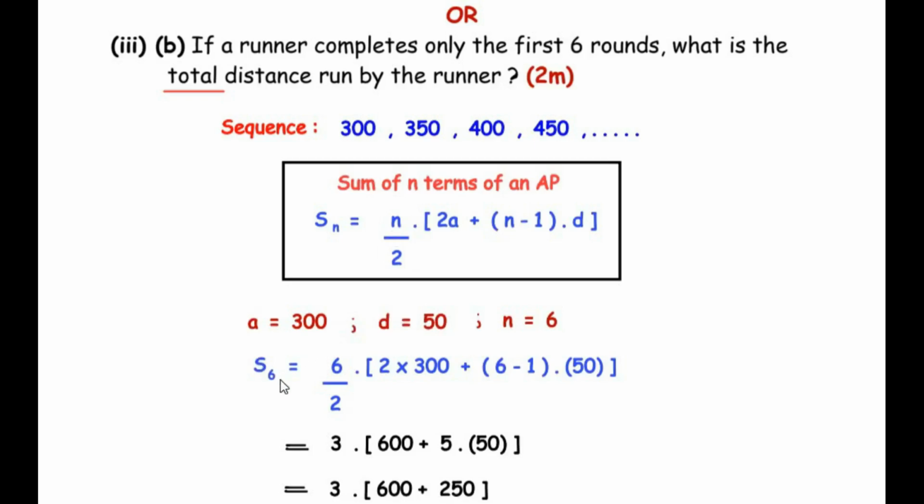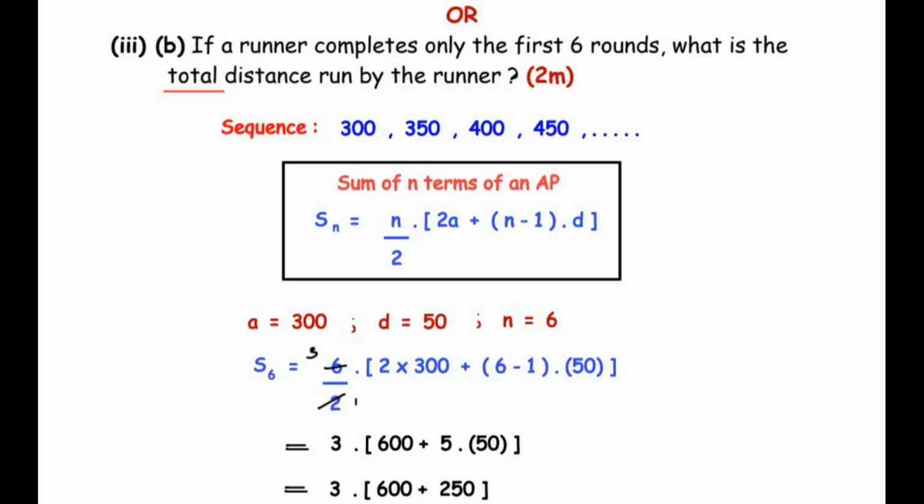So we get S6 is equal to 6 over 2 times 2 times 300 plus 6 minus 1 times 50. Now here 6 and 2 go in the table of 2. That is 2 1 times is 2 and 2 3 times is 6. So let us simplify this. S6 is equal to 3 times 2 times 300 gives us 600 plus 6 minus 1 is 5 times 50.